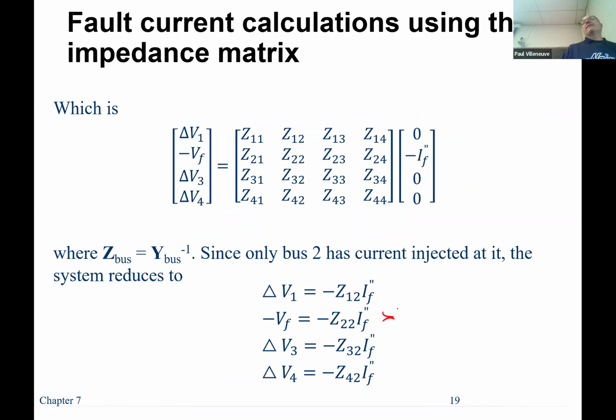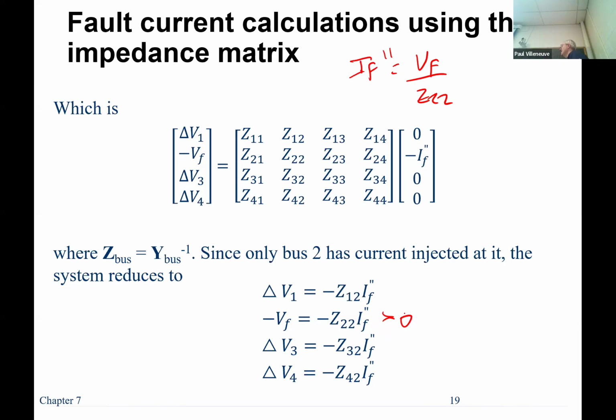Any guesses? Well, IF double prime, I solve for it by that equation there, right? So if I put that in here, I'm going to have negative VF equals negative VF. It's going to be just equal to 0, right? I'm not going to get any current there. So this is always going to be 0.